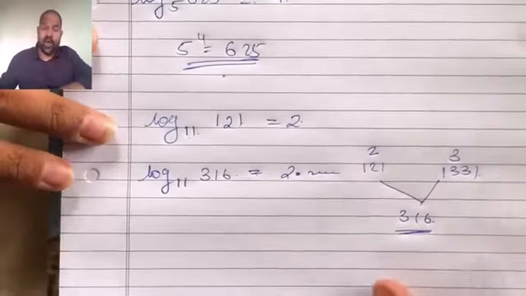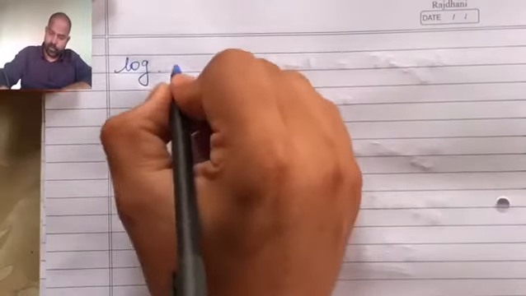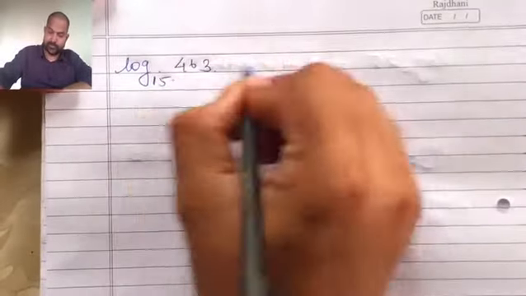Meaning, if you ask me the log of a number to a base other than 10. Let me take one more example, slightly different. If I am asked the log of 463 to the base 15.